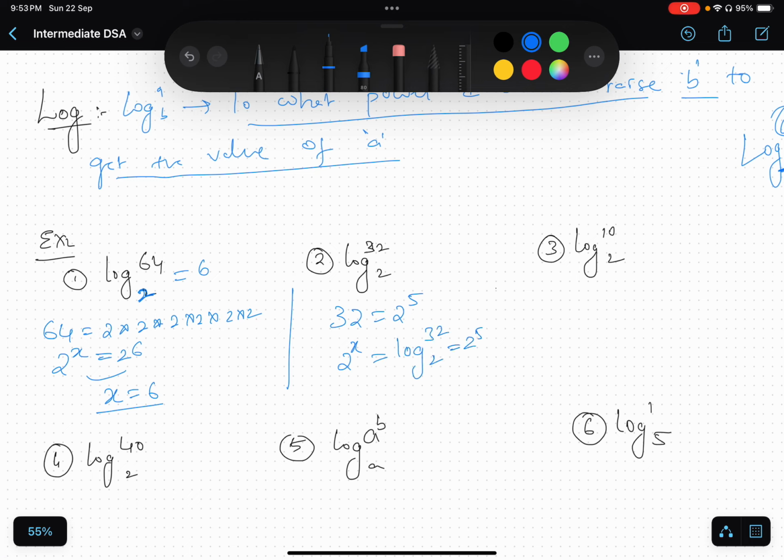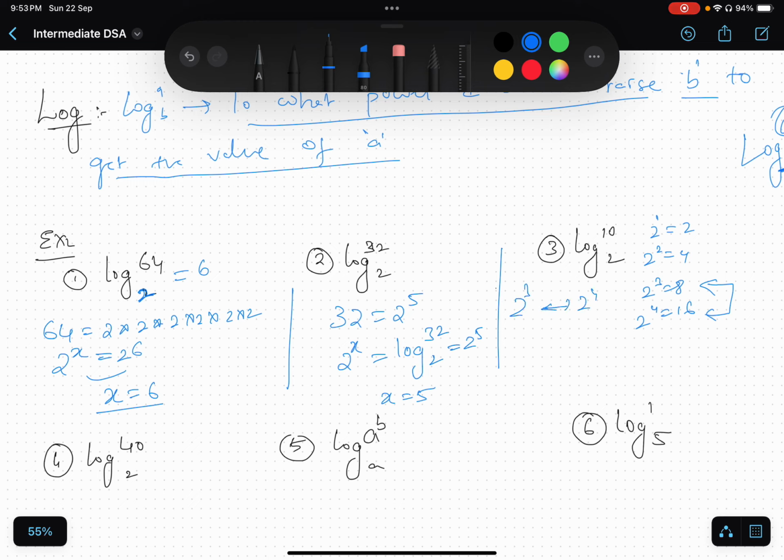Now something like log 10 base 2. If you see, 2 power 1 is 2, 2 power 2 is 4, 2 power 3 is 8, 2 power 4 is 16. You don't see anywhere 2 power something giving rise to 10. In such scenarios, 10 is somewhere between 2 power 3 and 2 power 4.